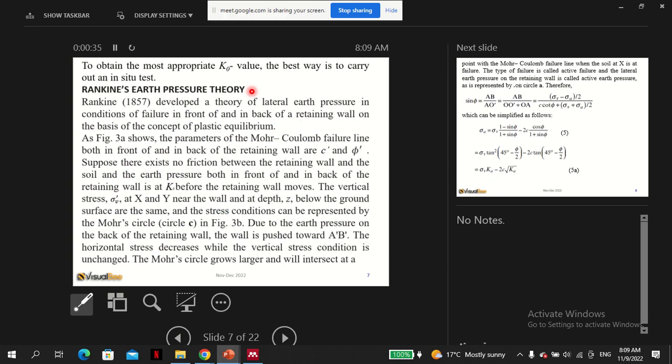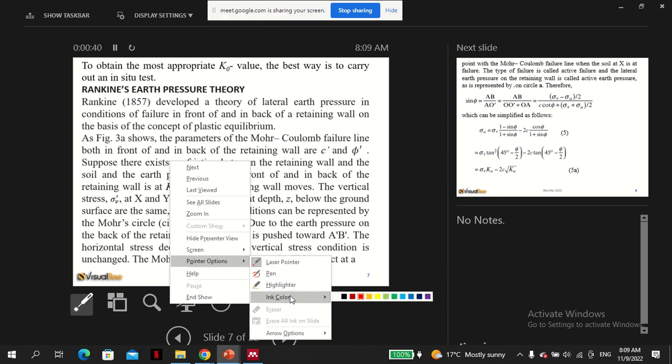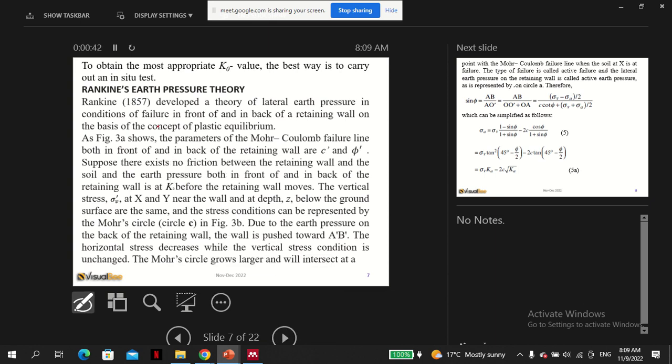The idea here is, before you do anything, assume you have put the retaining wall there and you did not excavate. Somewhere here, whether on the passive or the active side, this sigma V should be the same, right? Sigma V on both sides should be the same.